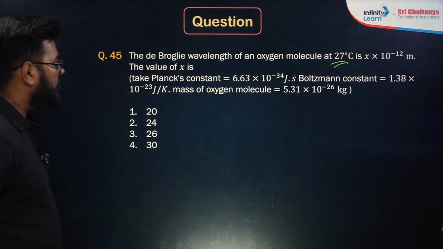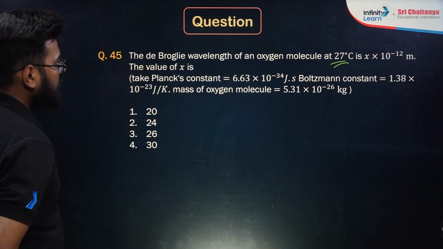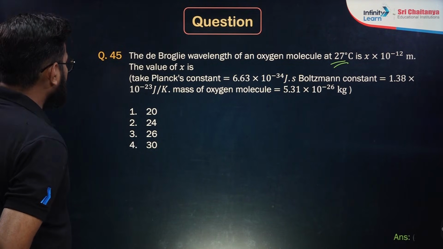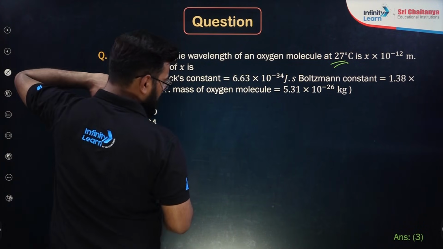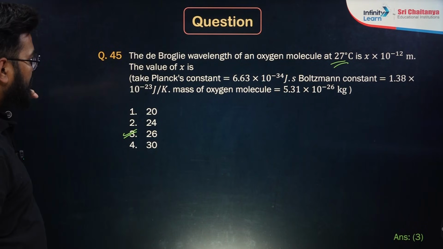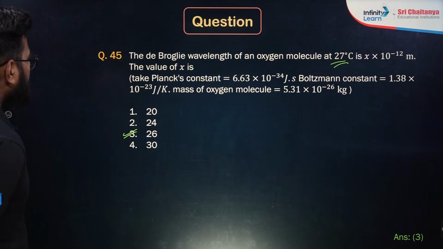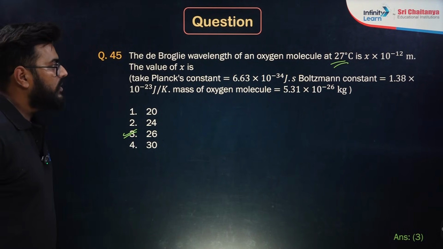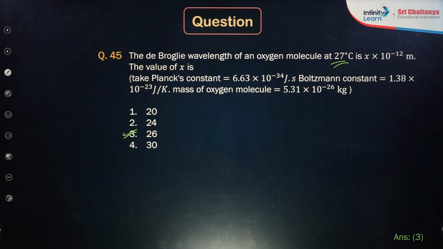So it's inversely related to obviously the mass of the oxygen molecule as well as the temperature. So you need to just use the formula. It will be option number 3. So 2mkT, this will give you h upon under root of the linear momentum, which will be equal to the thermal energy portion over there.